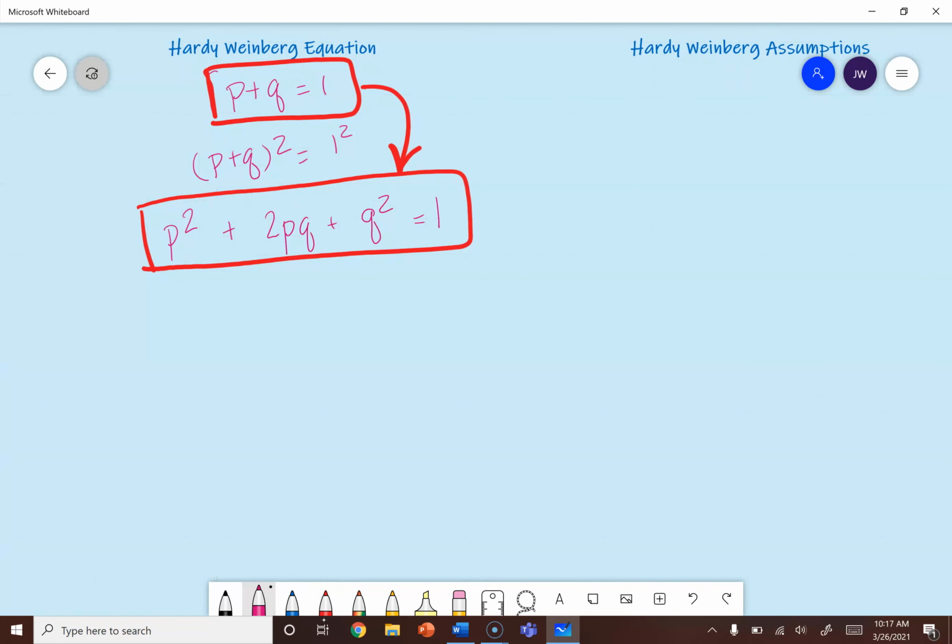All right, so let's talk about this Hardy-Weinberg equation. You should have already watched the lecture video on this, so this should be a review. But p squared is going to be the frequency of the homozygous dominant genotype.